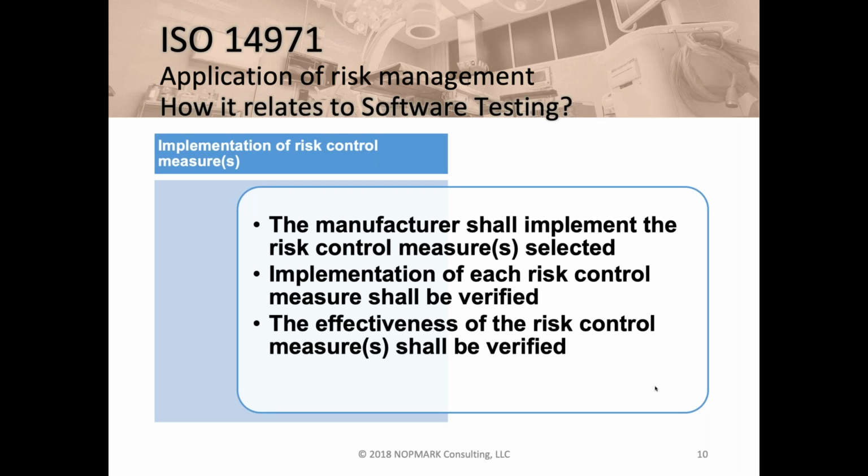So within this standard, when we look at it from the software testing perspective, there are two big areas that this standard addresses for a software tester. One is the identification of these risk control measures. There is a process, and the software tester is part of that process, where the team goes through the features of the software, goes through the design, and tries to identify: if something goes wrong, if something does not work correctly, can harm occur, through a sequence of events, to the user, the patient, or the environment?